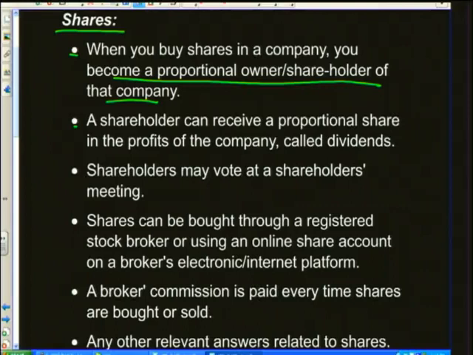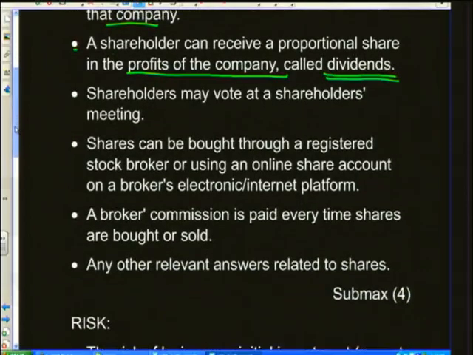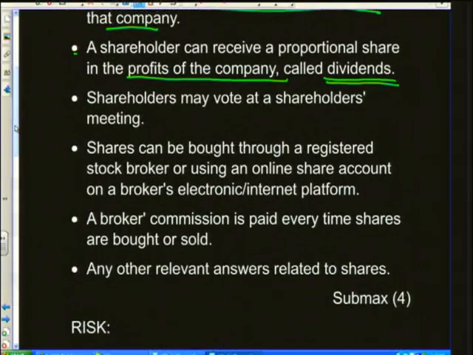Right. A shareholder can receive a proportional share in the profits of the company called dividends. Right, dividends is our nice thing there. Okay. Shareholders may vote at a shareholders meeting. All right, so that's for things like who should the directors be, what strategy should the company follow going forward, all of that.